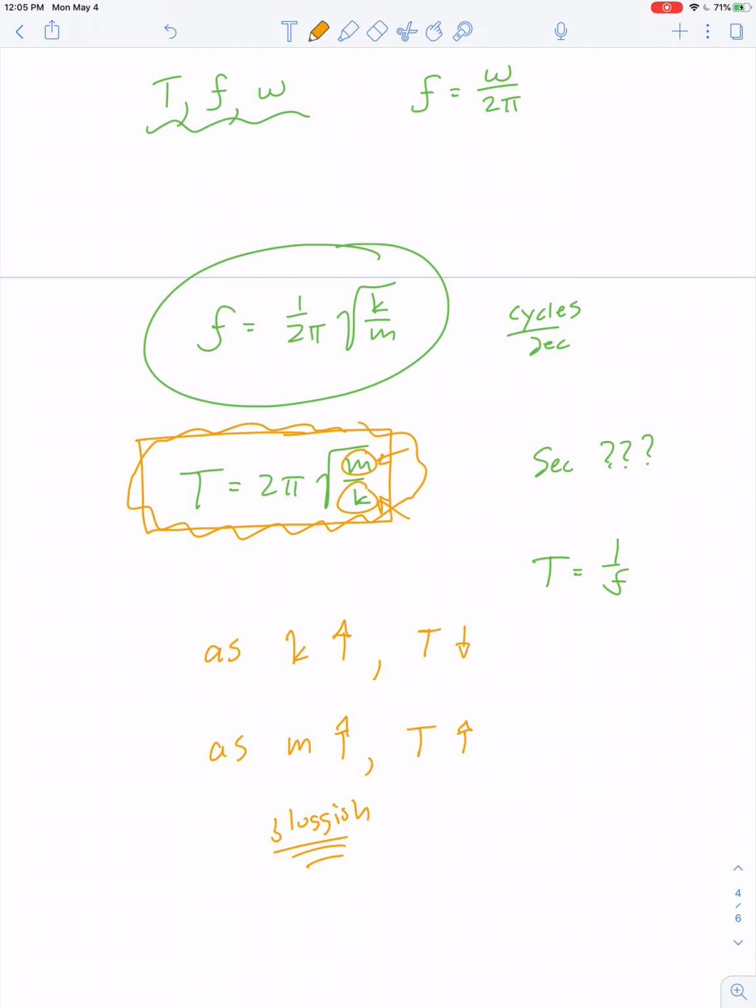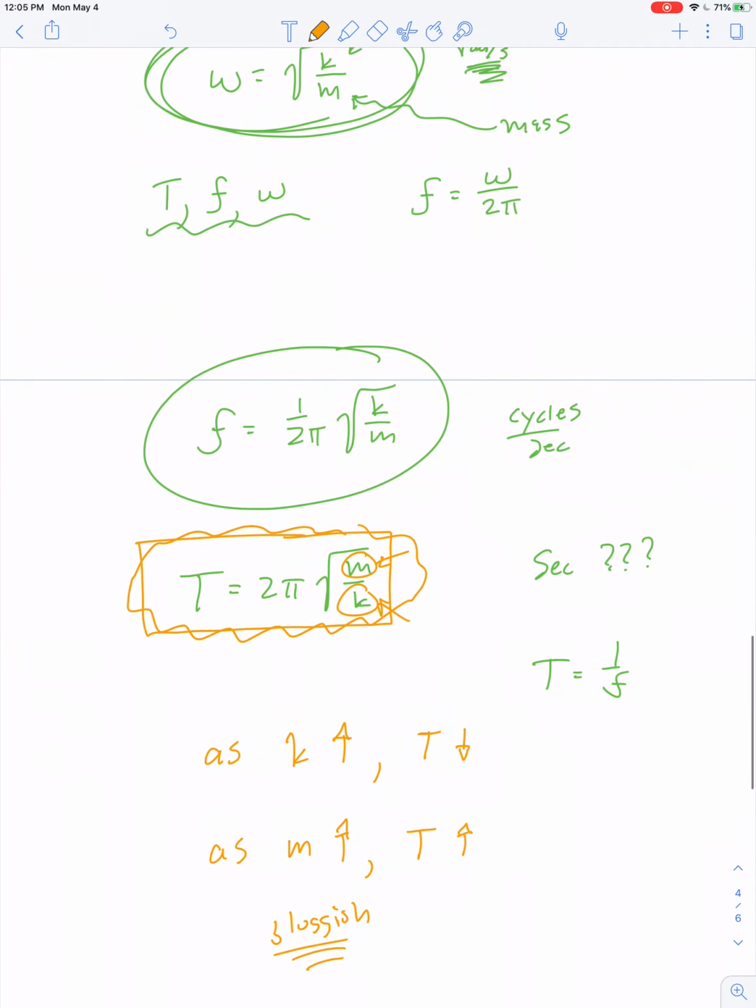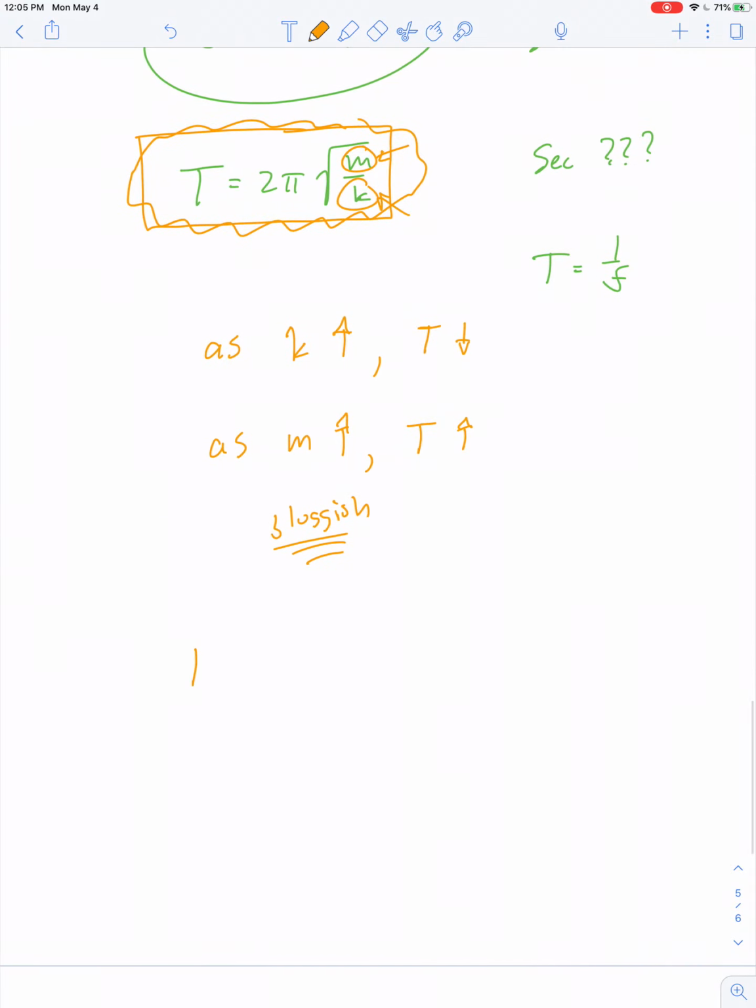What might surprise you is that amplitude is nowhere in the result. The period is independent of A, the amplitude. And that surprises a lot of people.